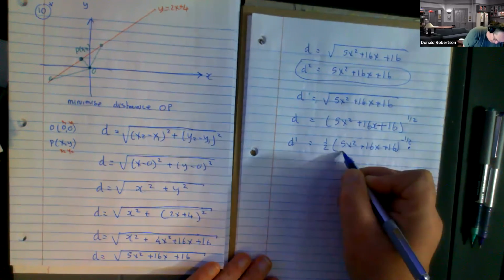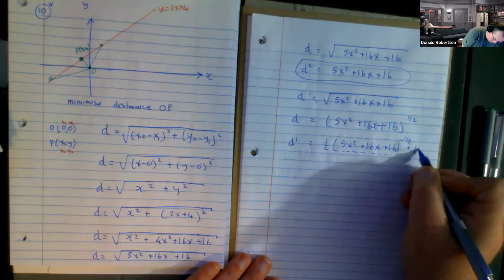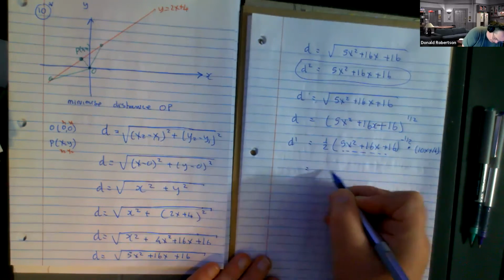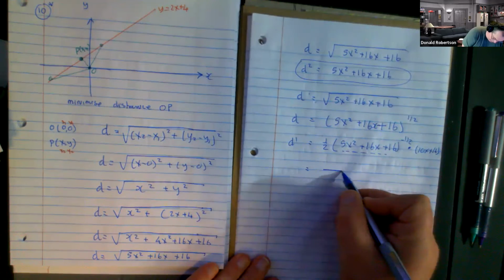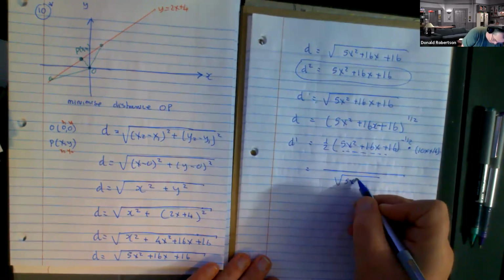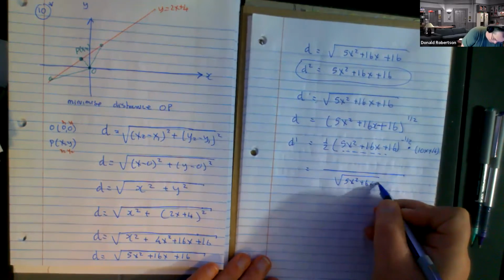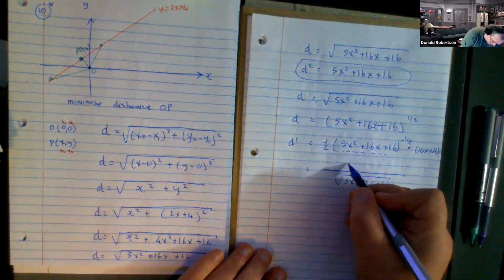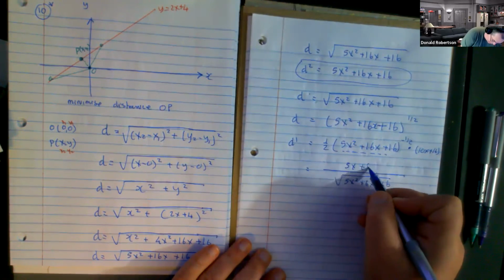And then you times by the derivative of the inside function, which is 10x plus 16. And this guy comes downstairs and turns into a square root. And a half times this guy gets you 5x plus 8.